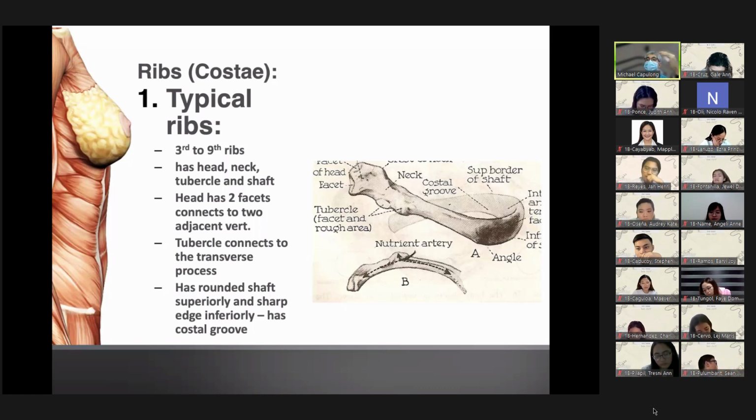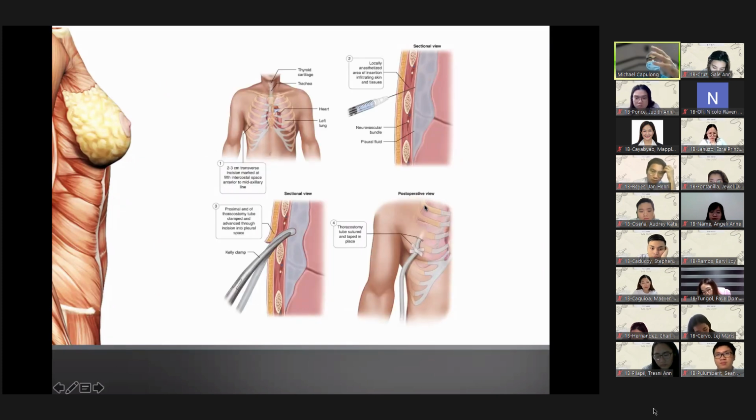This is the site by which they course through and go around the ribs in that particular order: vein, artery, and nerve. Now, to show you the illustration and the importance of this costal groove, look at this illustration.